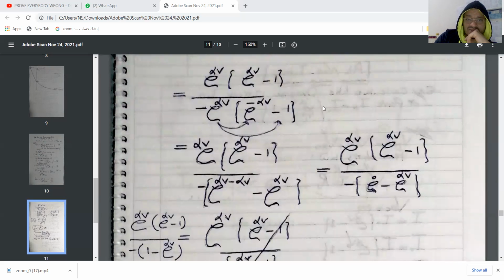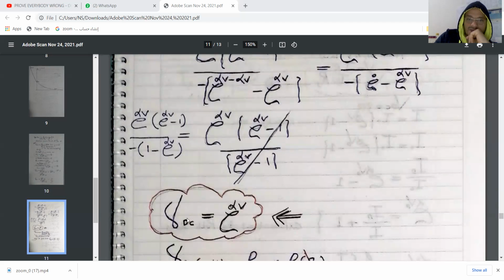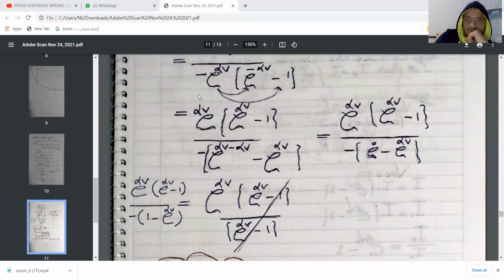Let's work on this side. With all these math tricks, at last it equals exponential alpha, or diode constant, V. I put this amount inside this bracket.